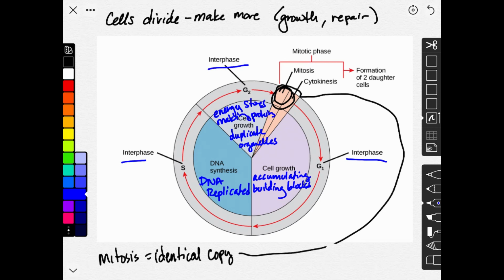So at this point, the first part, you're kind of getting together what you need to build stuff with. And the second part, you are creating those building blocks and kind of amassing those building blocks so that when we get into mitosis, now we already have what we need in order to divide and create two copies of the cell.